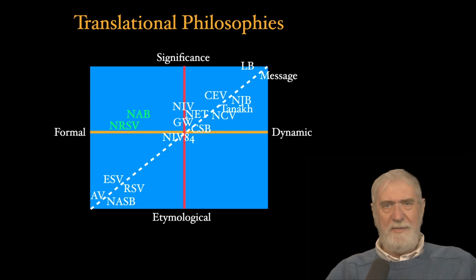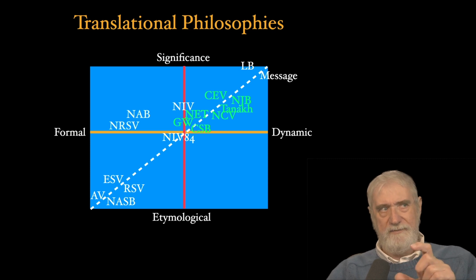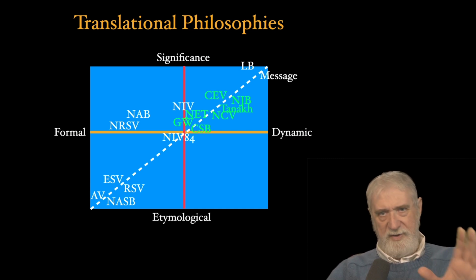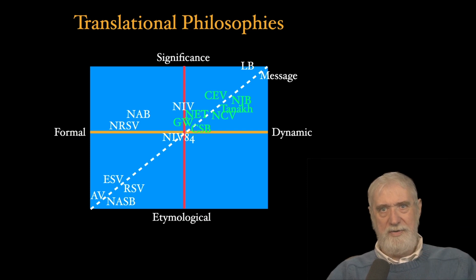And then we have a whole grouping of translations that are generally significance driven and dynamic equivalence driven, but not extremely so. So they fall kind of together in a group along the scale just to the upper right of center. And then, kind of out a little further, we have the New Jerusalem Bible, which is a little more dynamic and significance driven.